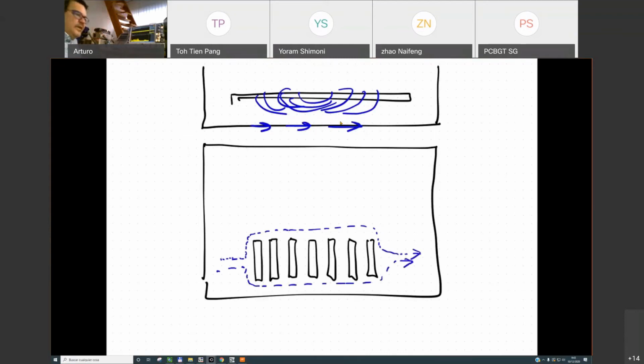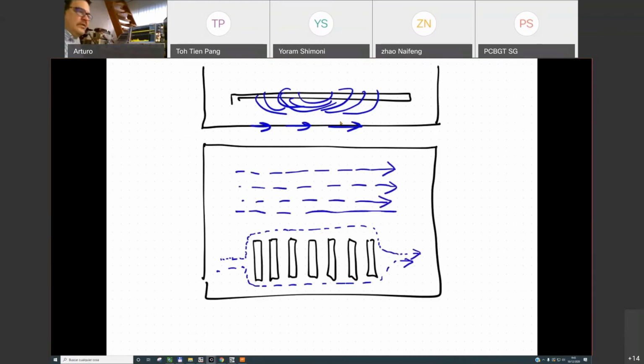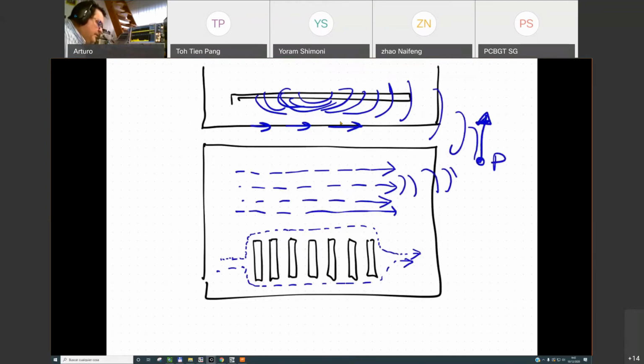If you have an area where there are no slots or apertures, the currents that are induced can circulate in a very good way. So the magnetic field that is created at this point by the original signal is cancelled by the magnetic field that is created by the induced currents in the metal.